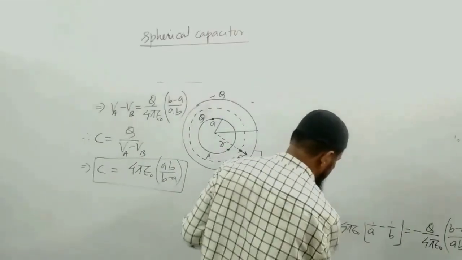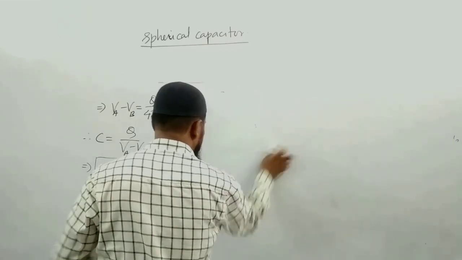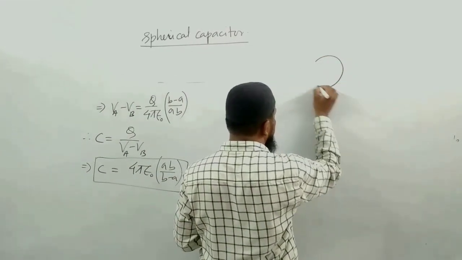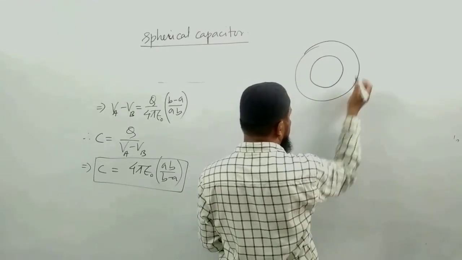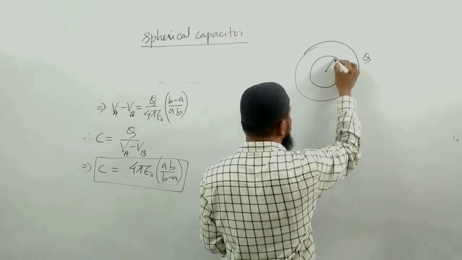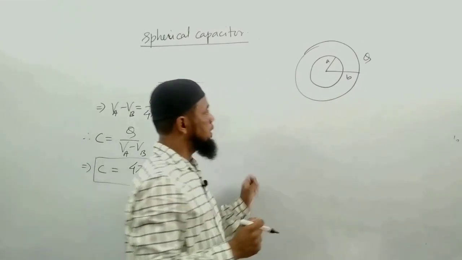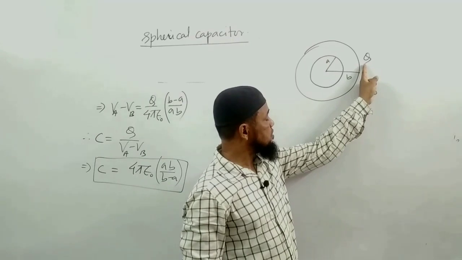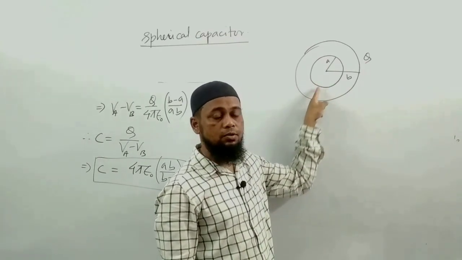Now in the second situation, a charge Q is given to the outer sphere. If a charge Q is given to the outer sphere, how much charge will get induced in the inner sphere?